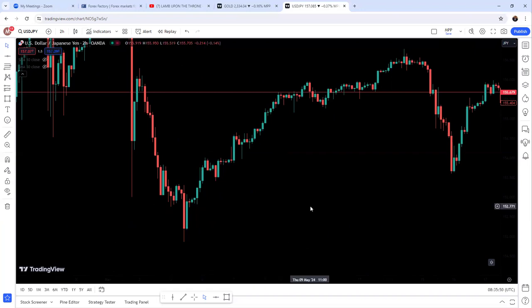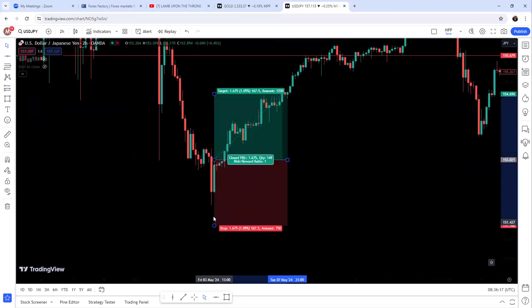Like I say, even with entity, it doesn't always play out perfectly the way we want, but we can still collect some pips. This one could have collected, I don't know what this is. Let's just say you entered long at the close of that.